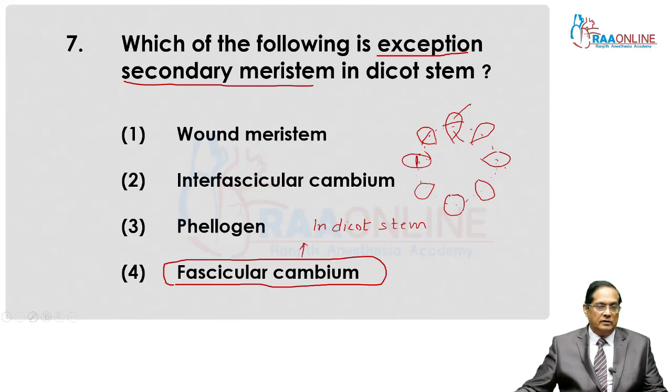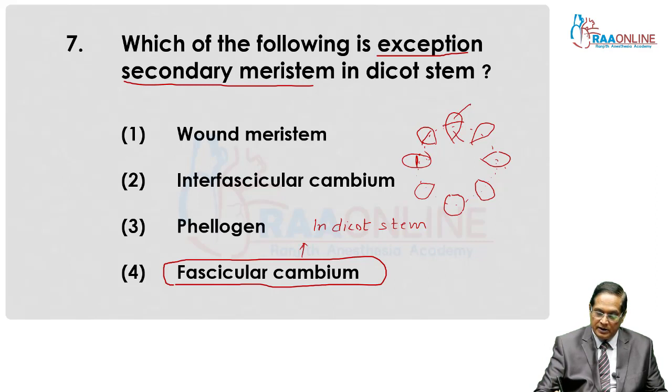And in between primary xylem and primary phloem, a strip of cambium is present. This is fascicular cambium, or vascular cambium. That is in between primary xylem and primary phloem.